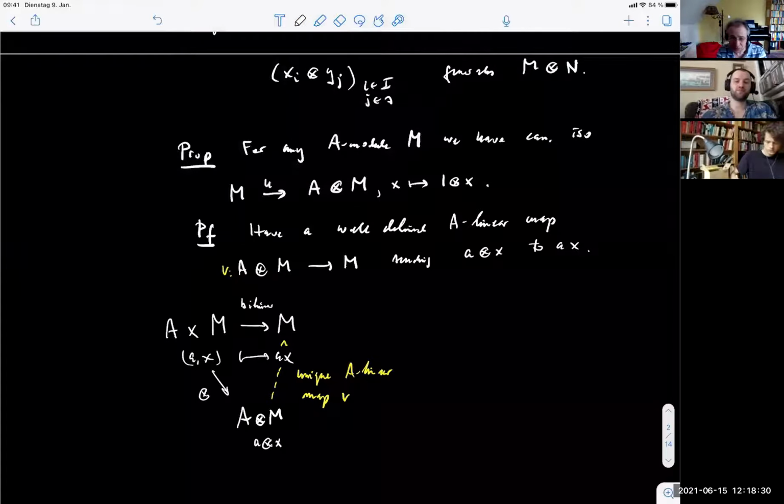This argument you do 100 times without saying it anymore once you know how it goes.